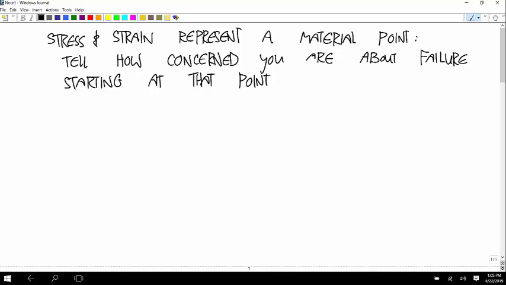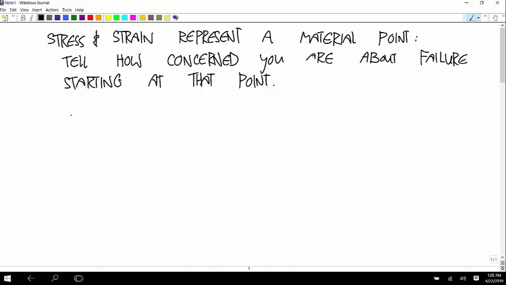But also, when you're designing something, there are times when even if you're not going to have failure at the individual points, too much macroscopic change in the position of the thing can be a problem.